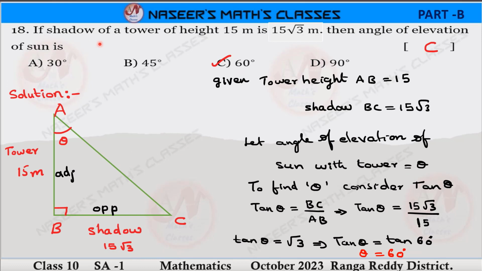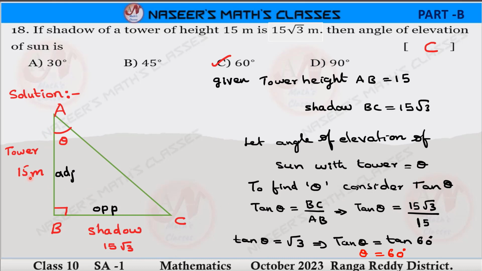If shadow of a tower of height 15 meters is 15 root 3 meters, then angle of elevation of sun is. From the given data, we have to draw a right angle triangle ABC in which AB is the tower of height 15 meters and BC is the shadow of tower of length 15 root 3 meters. Next we have to find the angle of elevation of sun with the tower, that is angle A, let that be theta.